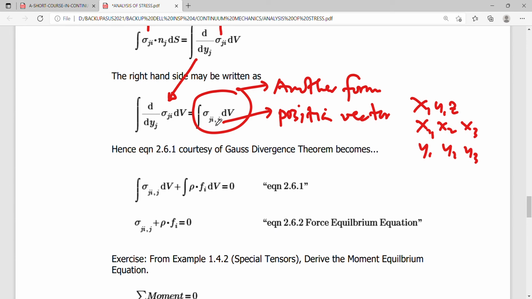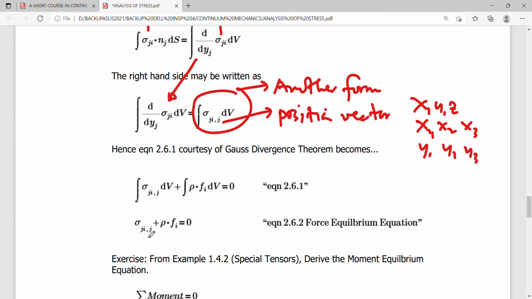Okay, so this I just place it there, and then plus the body force. So this is now your traction force plus body force is equal to 0. And remove the integral sign by removing the differential volume, cancelling them out will let you remove the integration procedure.